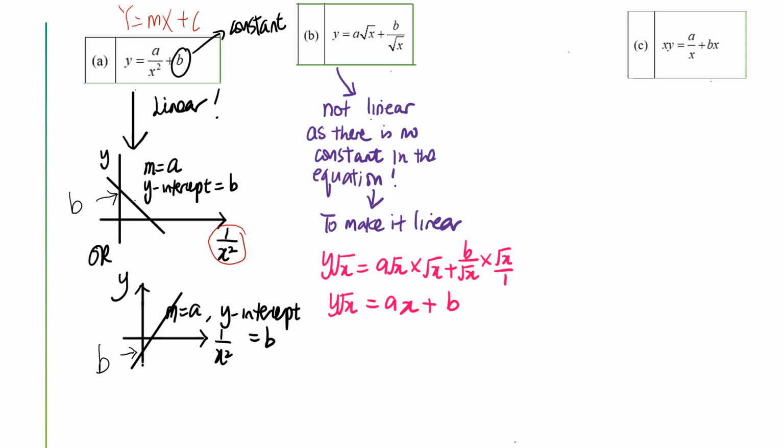When I multiply every term with square root x, I managed to get a constant b. So once I've achieved that, I know that what I've gotten is in a linear form, because you can actually compare it with y equals to mx plus c.